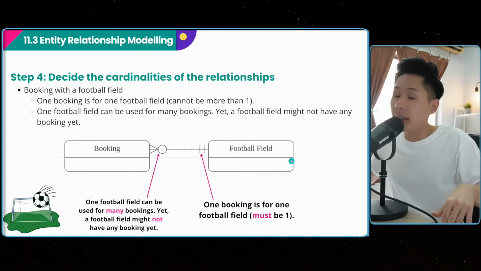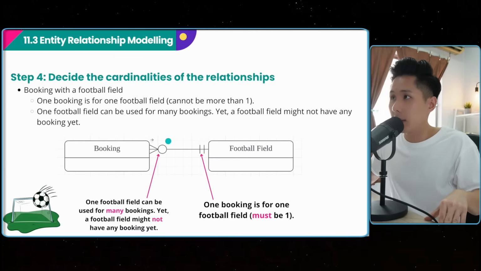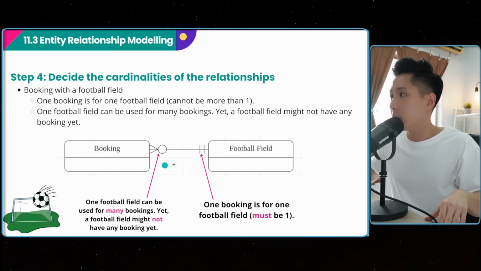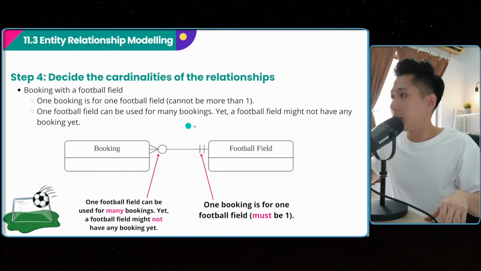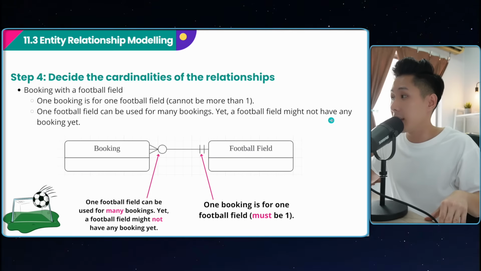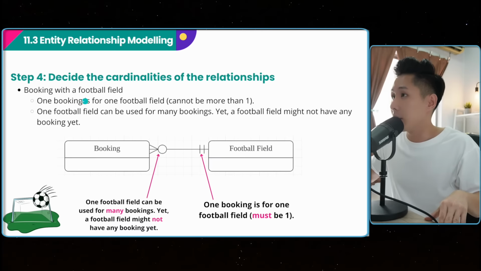So let me show you another example in order to make it clear. Another example is booking with a football field. One booking is for one football field only. You cannot make a booking for two football fields. And one football field can be used for many different bookings. Yet a football field might not have any booking yet. So in this example, I'm going to do the first statement. One booking is for one football field. So one booking is only for one, it cannot be more than one.